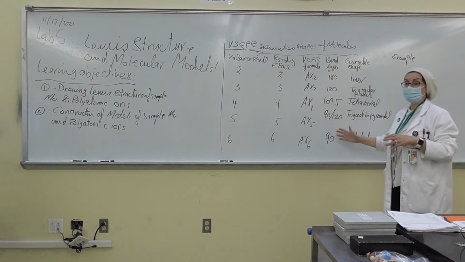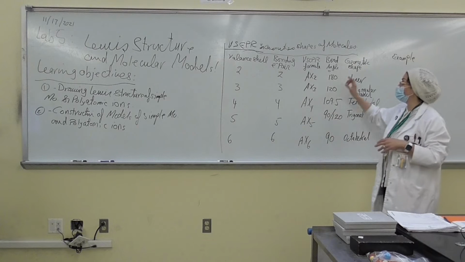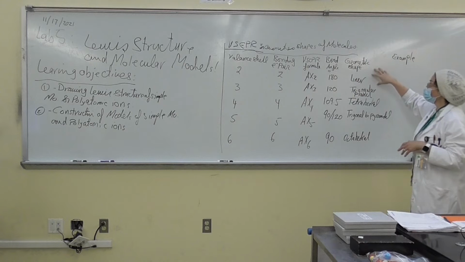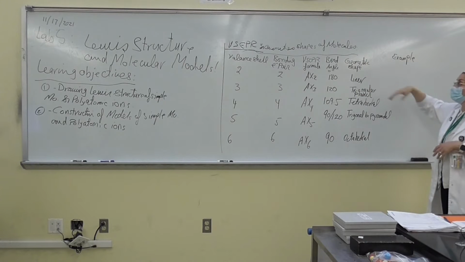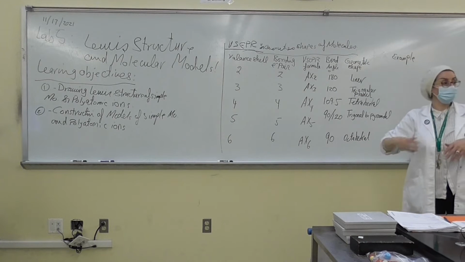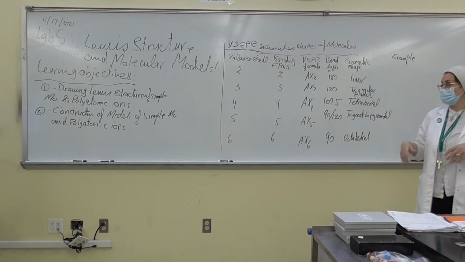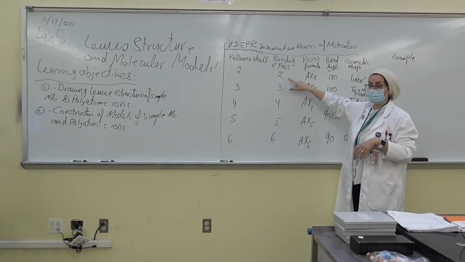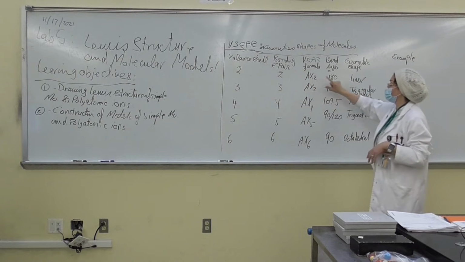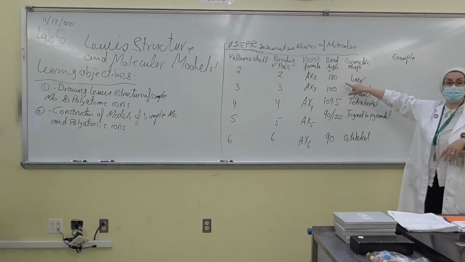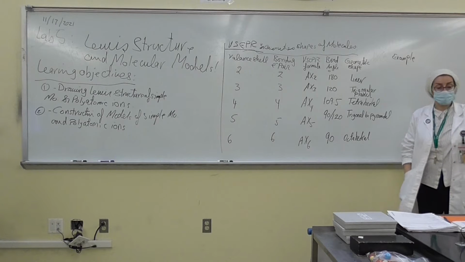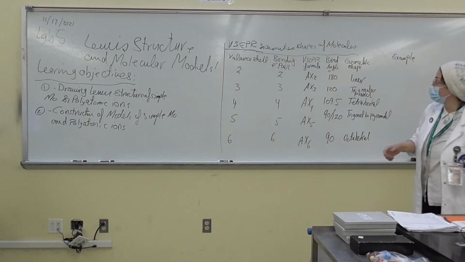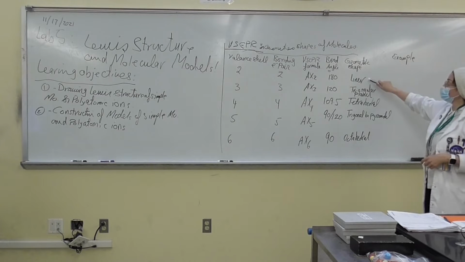Then we look at the bond angles for each of those formulas, and also the geometric shape. When you have only two atoms surrounding the central atom, it is AX2, the bond angle is 180, and the shape is linear, and it is giving you that here.